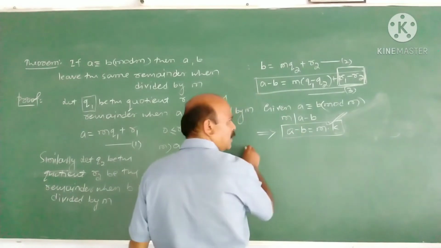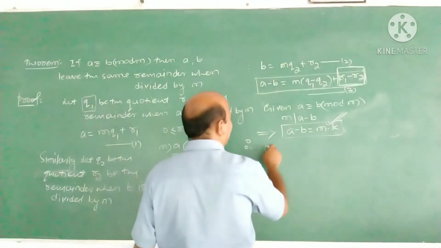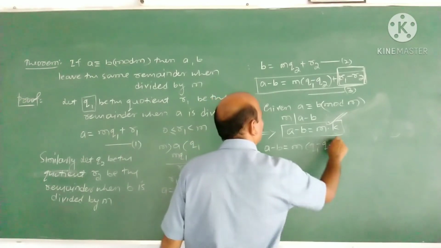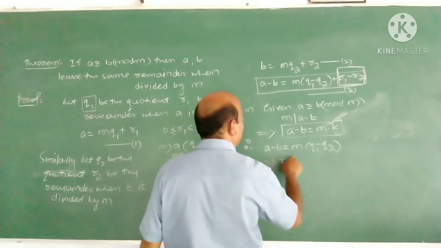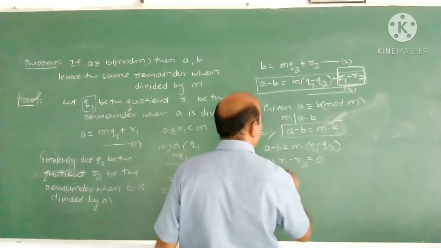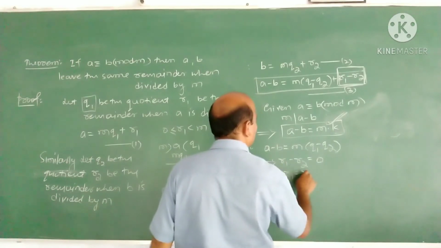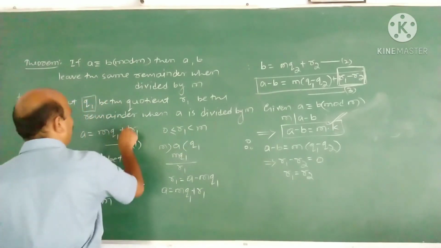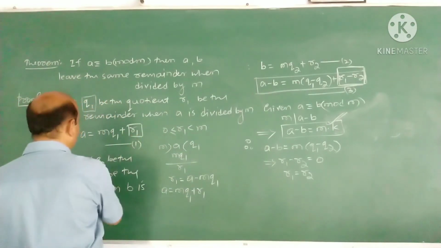This implies R1 minus R2 is 0. Therefore, R1 is equal to R2. That means these two are the same.